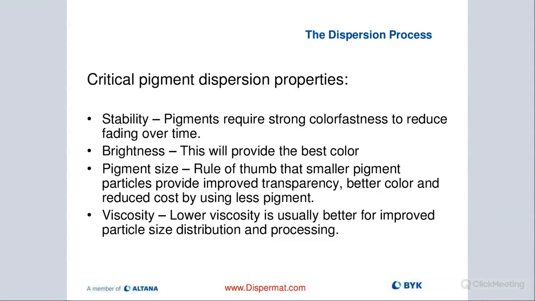Viscosity is always important. Usually we want to be as low as possible. That will give us better milling performance. But keep in mind, if our viscosity is too low, it's very difficult to put in a lot of energy. And therefore, we need to find a sweet spot.